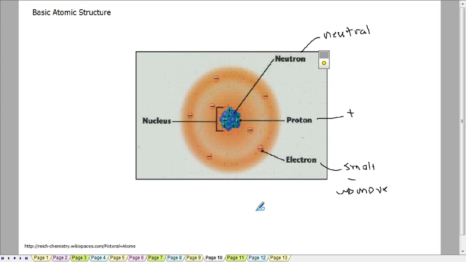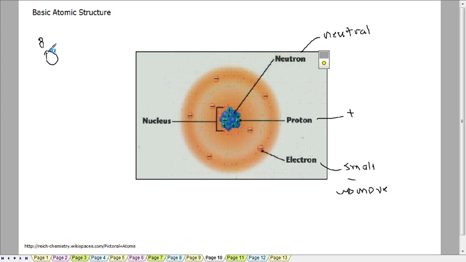What we also need to talk a little bit about is discussing some of the information that we'll get on a periodic table. Let's take an element like oxygen. Whenever we see the chemical symbol for oxygen in a periodic table, we'll notice two sets of information.